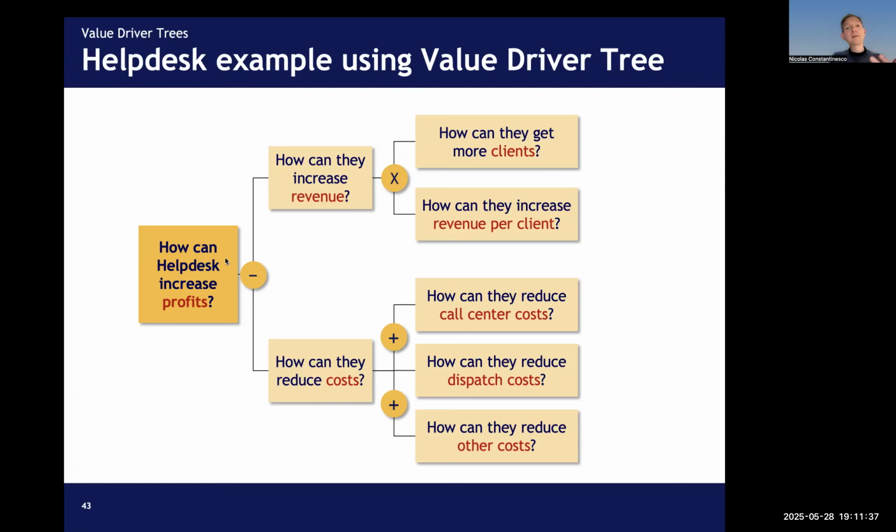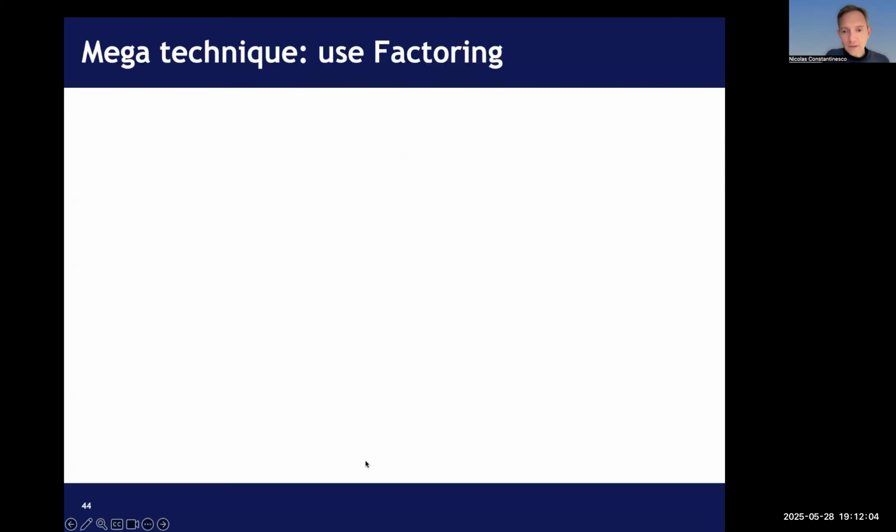And then you have multiplication and division, which are equivalents of each other, but they're more like cousins with plus and minus. So when we build a question tree with multiplication and division, that's called factoring, and it's incredibly powerful. So I'll show you an example and how to do it, and hopefully you will also see why it's so powerful. In essence, it's extremely efficient, and you get insights so quickly.